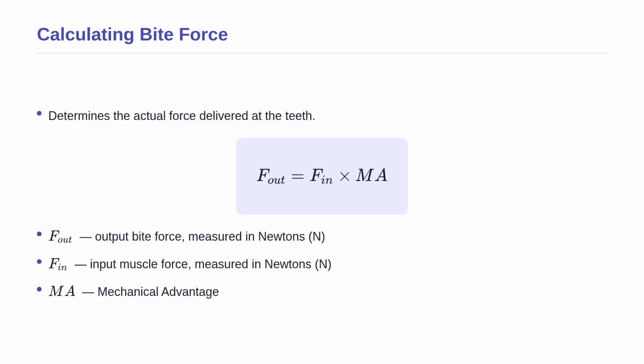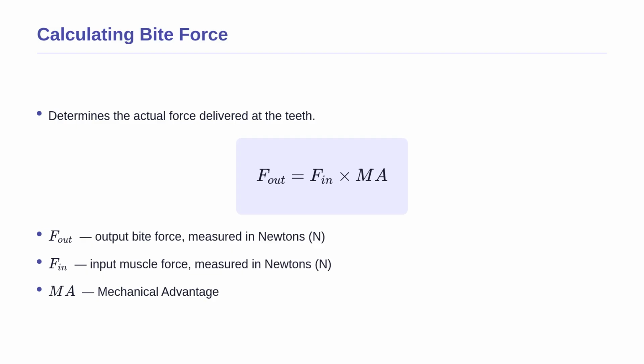Now that we know the mechanical advantage, we can calculate the actual bite force an animal can deliver. The formula is F out equals F in times MA. F out is the output force, or the actual bite force at the teeth, measured in newtons. F in is the input force generated by the jaw muscles, also in newtons.